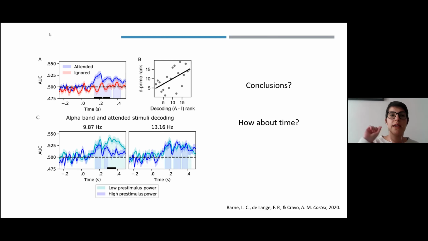We came up with a different design where we do the entrainment, but then we put a silent period and see how the activity goes during the silent period, instead of just analyzing when you are presenting the entrainment stimuli.